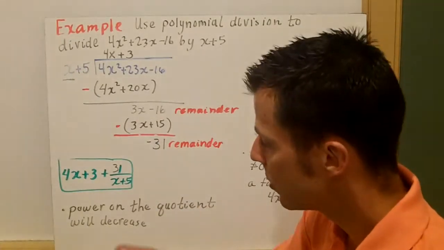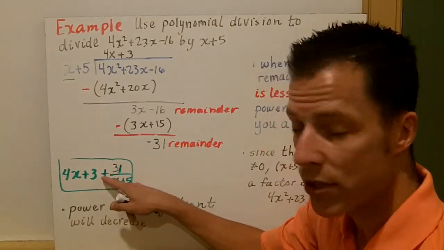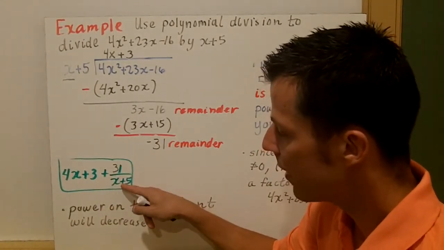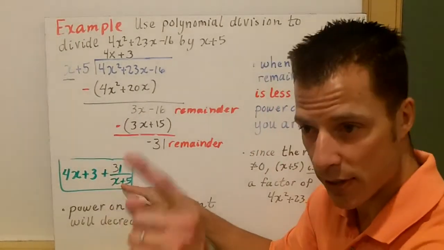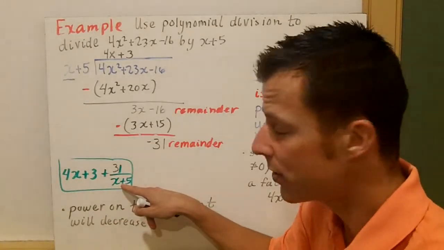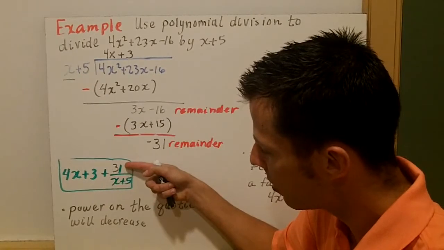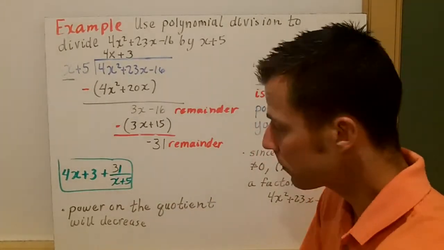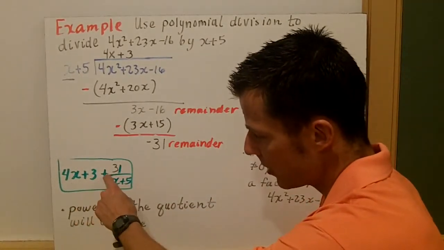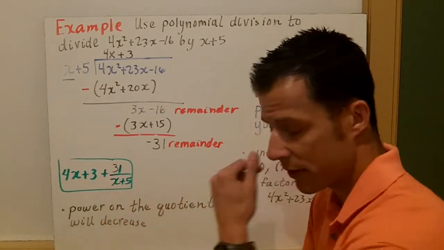So our answer is always written as quotient plus remainder over divisor. In elementary school, you would see that big R remainder 5 or something. Well, here it's quotient plus your remainder over your divisor. So 4x plus 3 plus 31 over x plus 5.